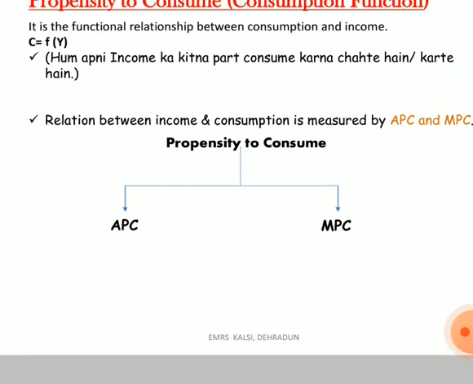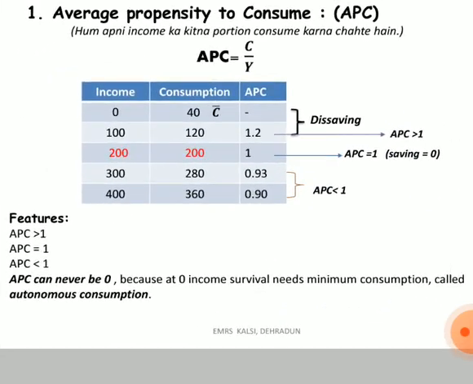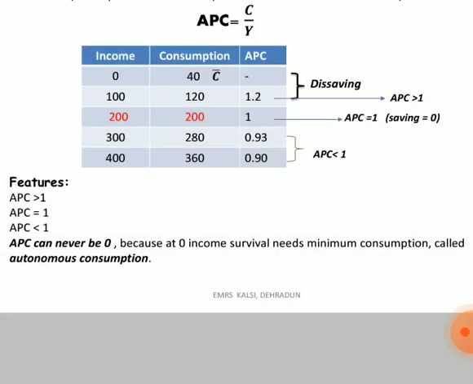Now let us see the topic here. APC means average propensity to consume. The numericals and the formula are very important. APC is C upon Y, where C is consumption and Y is income.